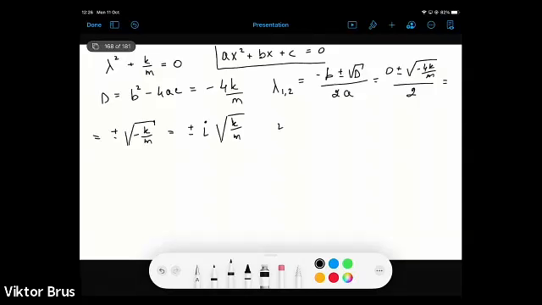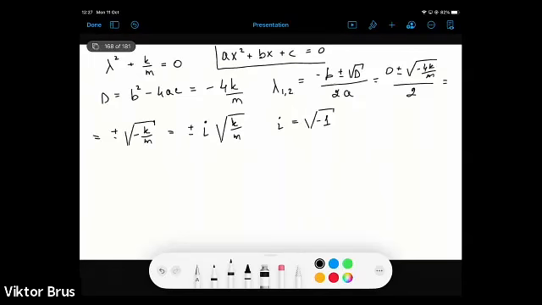And here i stands for square root of minus unity. So we got the solutions for this quadratic equation, which is the characteristic equation of our second order linear differential equation, and we got it in a complex form.